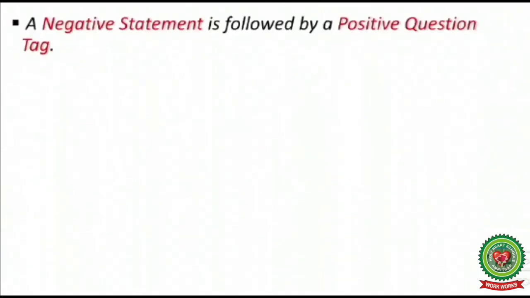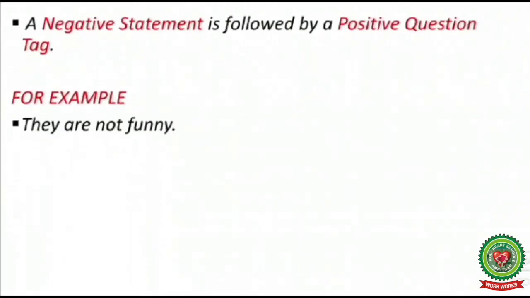A negative statement is followed by a positive question tag. For example, they are not funny. This is a negative statement. So in order to add a question tag, we will take the helping verb from the sentence itself. So are not will become are they, and we will use the pronoun they.